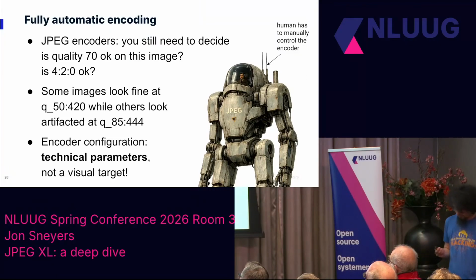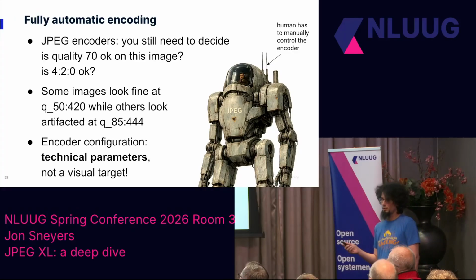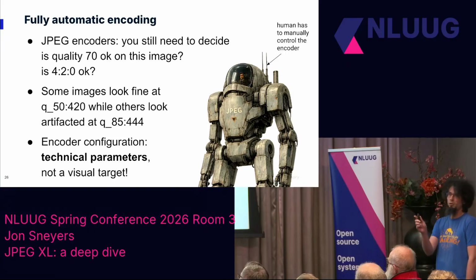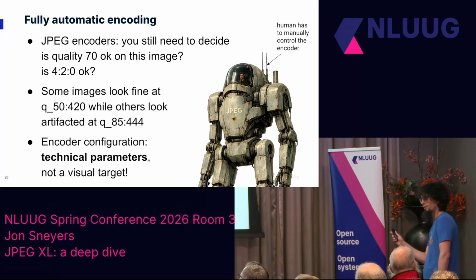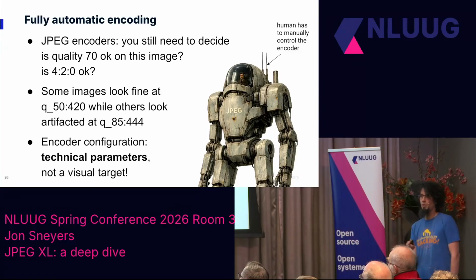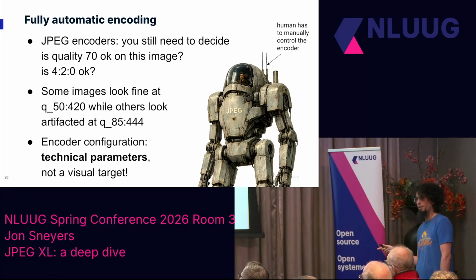Another, maybe more of an implementation feature than a format feature, is how the encoding works. In the old JPEG, basically the way to decide what quality to use is a manual process. Usually it's a slider where you can select the quality and you can decide whether it looks good enough or not. But the same setting on one image might be okay, but on another image it might be not okay.